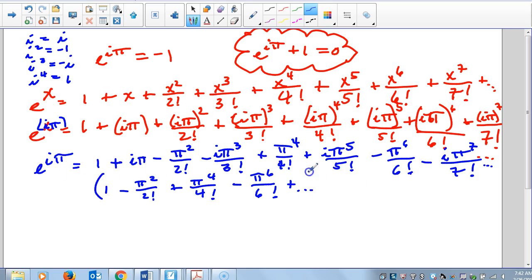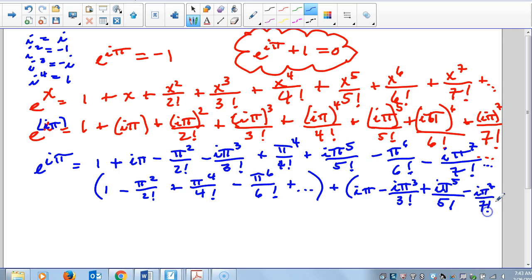So that's one set, and to that I'm going to add the odds. So i pi minus i pi cubed over 3 factorial plus, it's a great extra credit question, i pi to the fifth over 5 factorial minus i pi to the seventh over 7 factorial, blah blah blah.